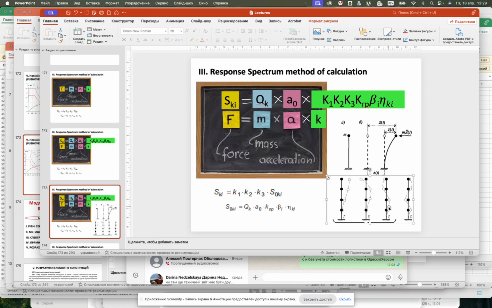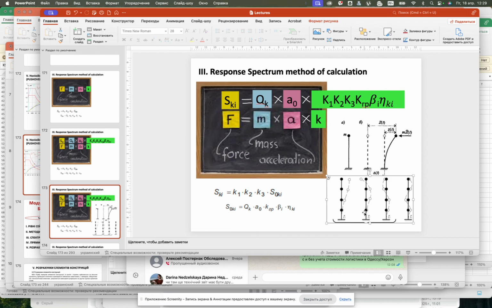So, in this case, when we are considering a 4-mass rod, we have to define 16 seismic forces. For example, for this building, we will have form number 2, and in this direction to the right we will get the seismic force, which means it's mass number 1, form number 2.